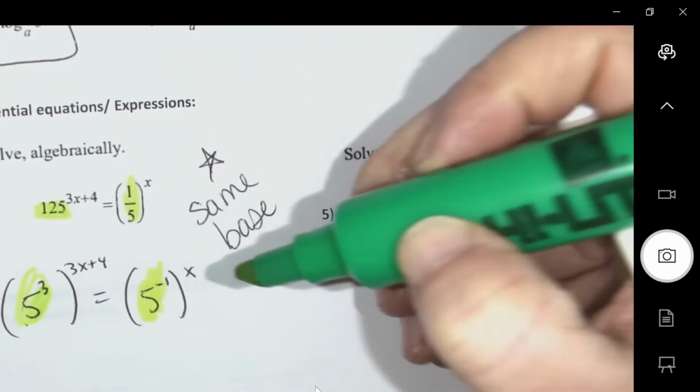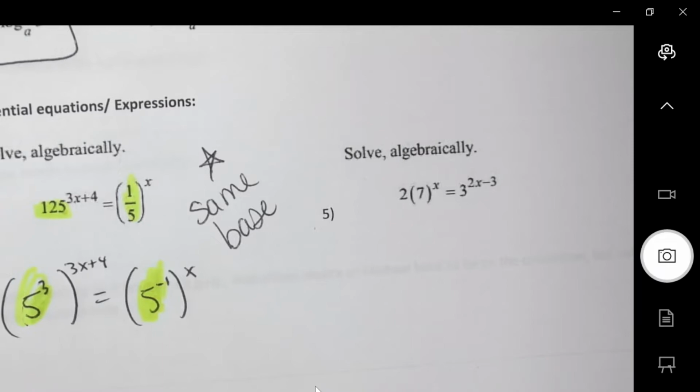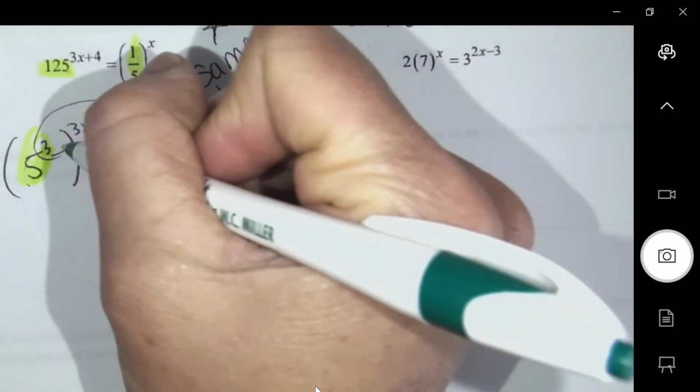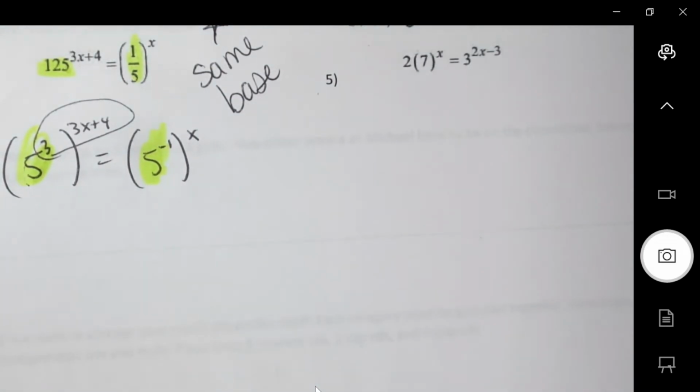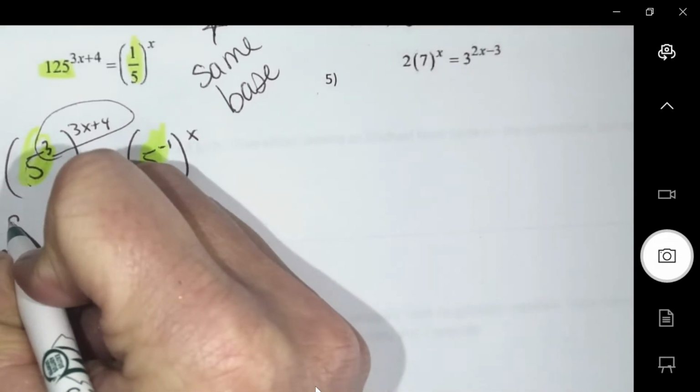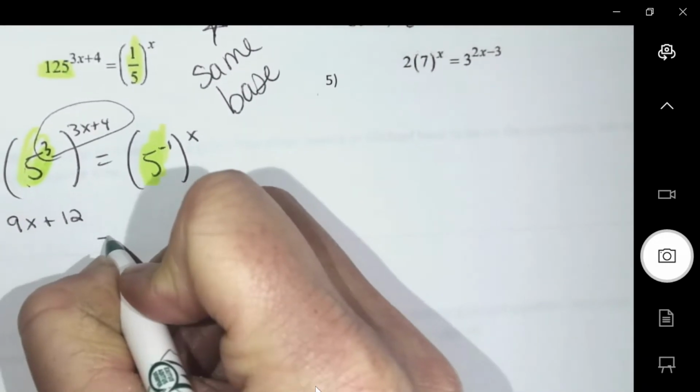Nice. Now, what do you do when you have exponents to exponents? Multiply. So 5 to the 9x plus 12.